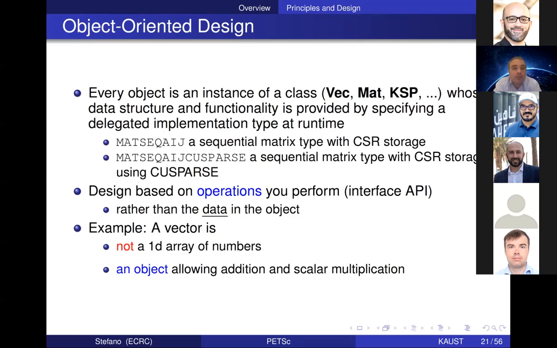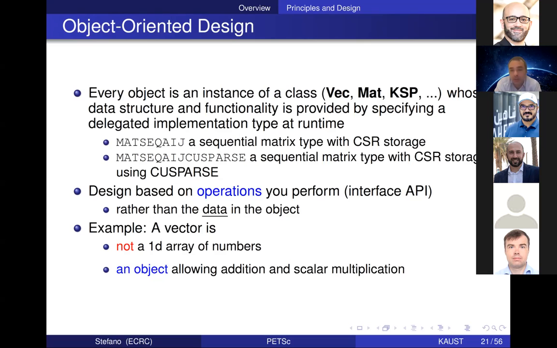And MATSEQAIJCUSPARSE is very similar to the CPU one, but transparently to the user, it uses CUDA, for example, to perform the relevant operations. So the design of the library is based on the operations that you can perform with the objects.